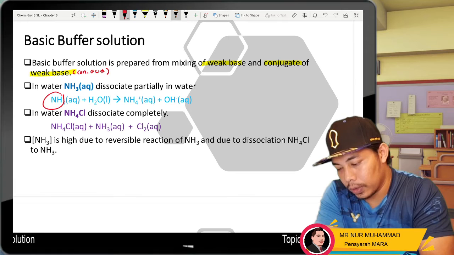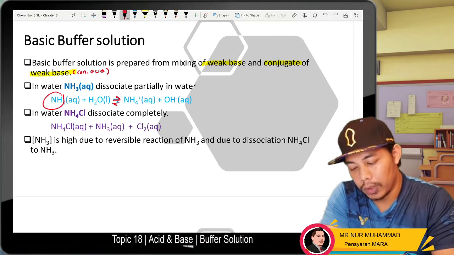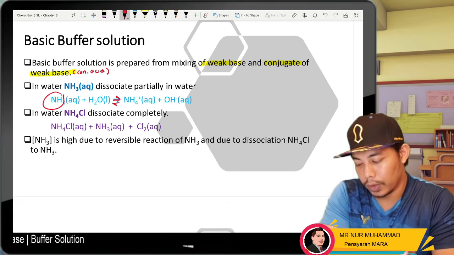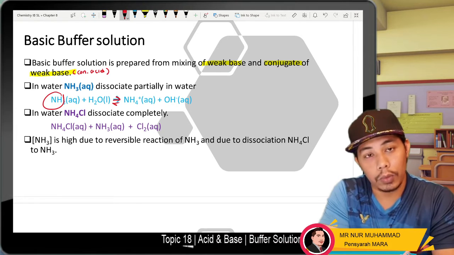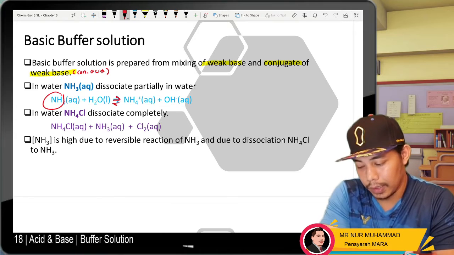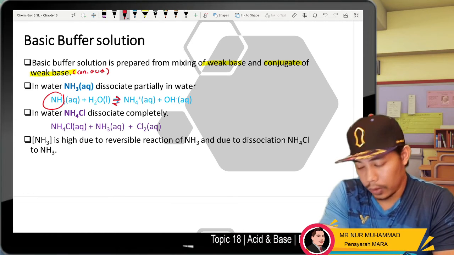Because this is a reversible reaction. Even though it produces ammonium ion, the ammonium ion reforms ammonia. That is why the concentration of ammonia is still high inside the buffer solution.